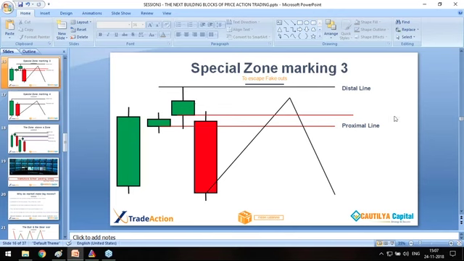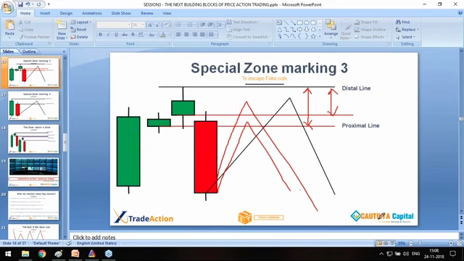I took that because that will help me to reduce my risk, because our entry is at the proximal line. Now this is my risk. So what max will happen? Price might come down and react from here, or price might go into this zone and react. If I miss the trade, I'm least bothered. I only crib when I lose the trade.